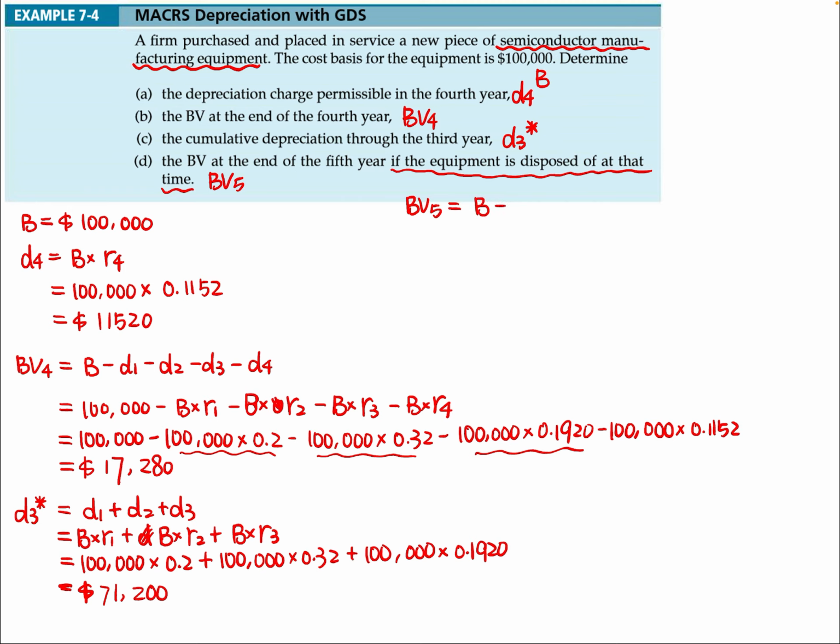And then let's talk about BV5. BV5 is B minus the sum from year 1 to year 5 of D_i. You can also use BV4 minus D5, which is easier because we have already calculated BV4. So BV4 is 17,280. And what is D5? D5 should be B times R5.